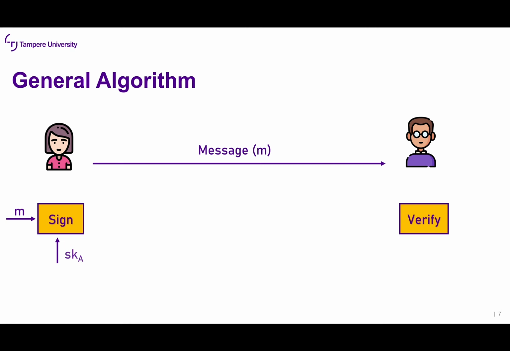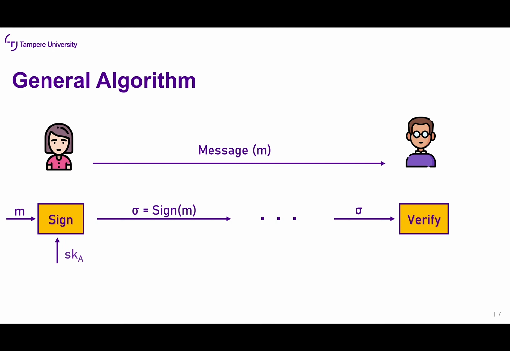So since now Alice wishes to sign a message, she will have to use her secret key, right? And remember that Alice is the only one who has access to her secret key, and therefore she's the only one that can sign messages for her, right? So by giving as input to the sign algorithm M and SK of A, we generate a signature sigma that is sent to Bob.